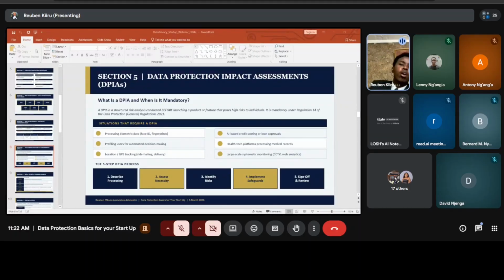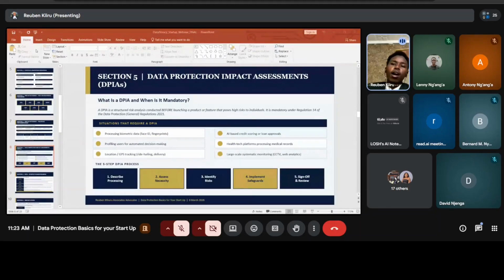If you're collecting biometric data, profiling users, taking GPS data, having loan approvals, financial data, health data, CCTV, make sure you have an impact assessment. So how do you do one? One, describe your processing, then assess the necessity, identify the risks, implement safeguards, and then sign off.